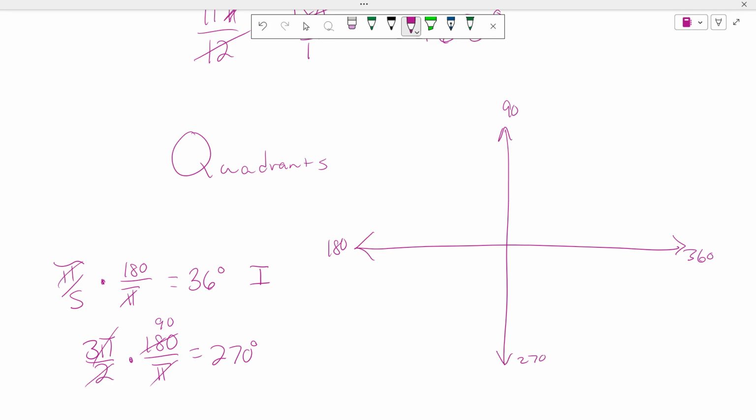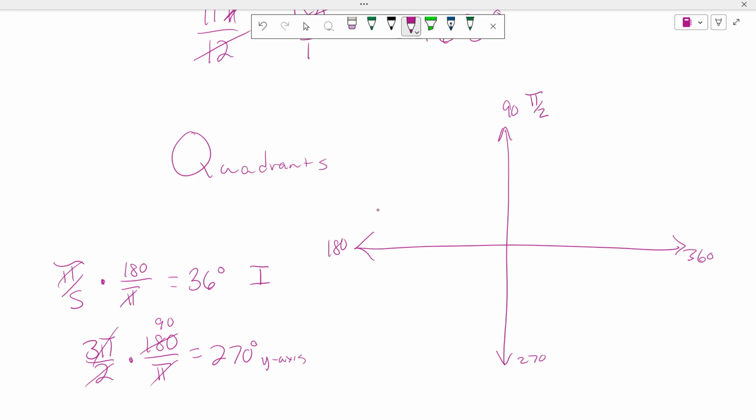I'm not in quadrant 3. I'm not in quadrant 1. Not in quadrant 4. I'm on the axis. I'm not in a quadrant. Okay, that was a trick question. I am on the y-axis. So I'm not in a quadrant.